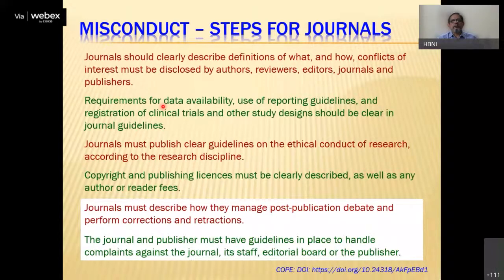And the publisher and the journal must have certain guidelines in place to handle complaints against the journal, its staff, or members of the editorial board or the publisher himself. What it means is that all the parties involved must be given an equal opportunity to present their cases.